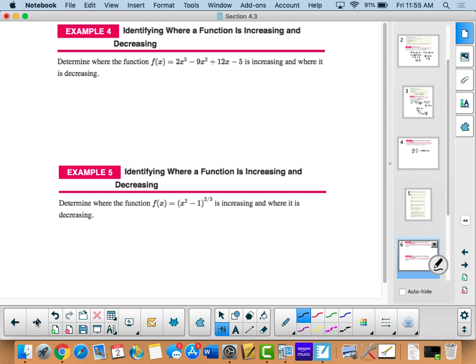So we have to find where the derivative is positive, and we figure out where a function is decreasing, justify that by saying that is where the derivative is negative. So in this one, the derivative is going to be 6x squared minus 18x plus 12. Factor out the 6.